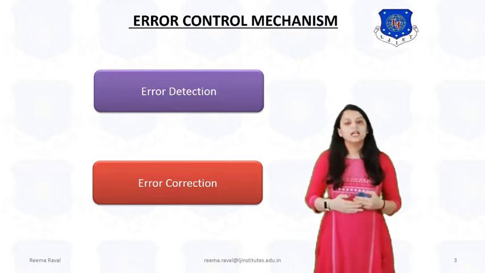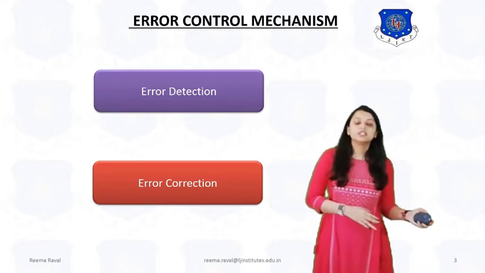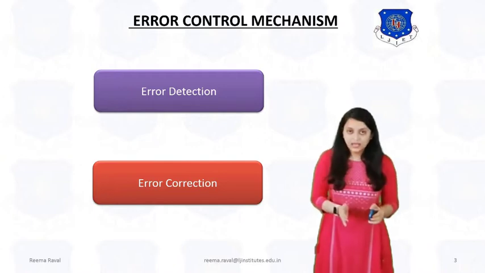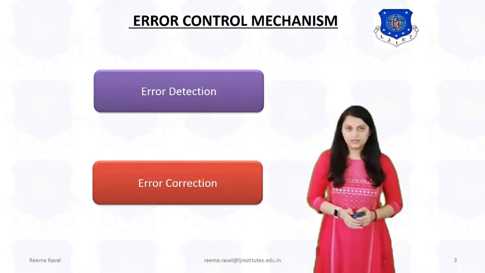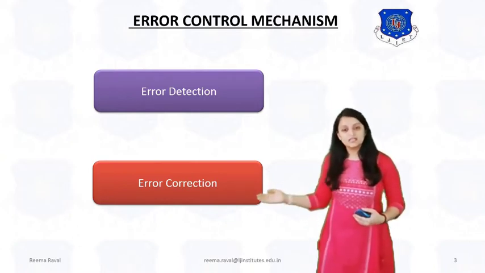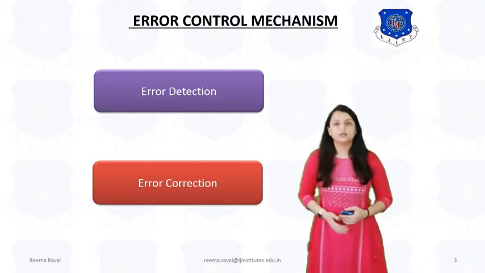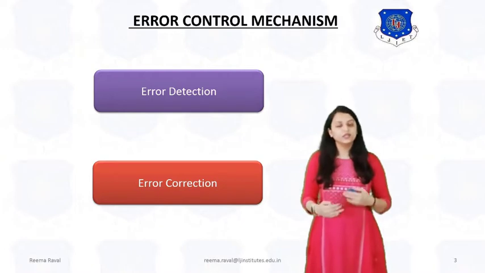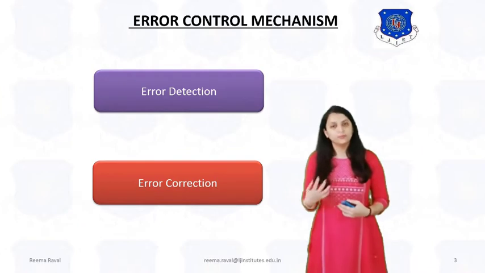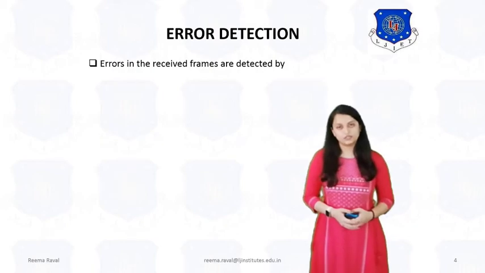That means if the transmitter sends some particular data and the receiver receives data which is not exactly the same as that of the sender, we can only detect the error using this control mechanism, but we cannot correct it. With the error correction mechanism, we can detect as well as correct the errors. There are different algorithms in error detection, and in the same way there are different coding or algorithm methods in error correction. Let us start with the first one, error detection.